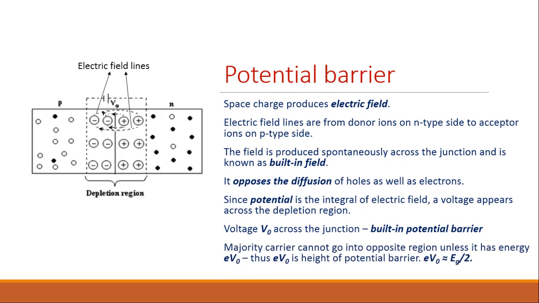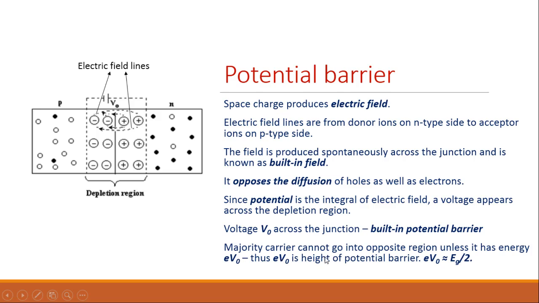Now, if the holes still want to go from the p region to the n region, and the electrons still want to go from the n region to the p region, then they need to have extra energy to overcome this barrier.